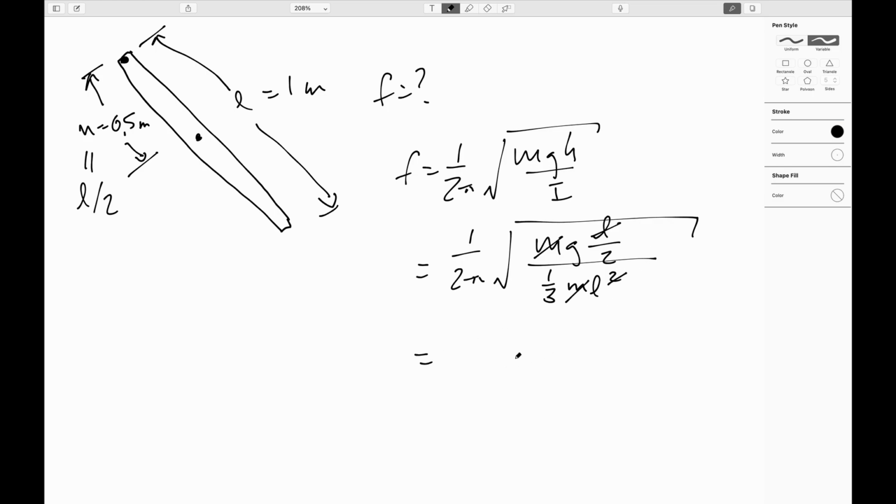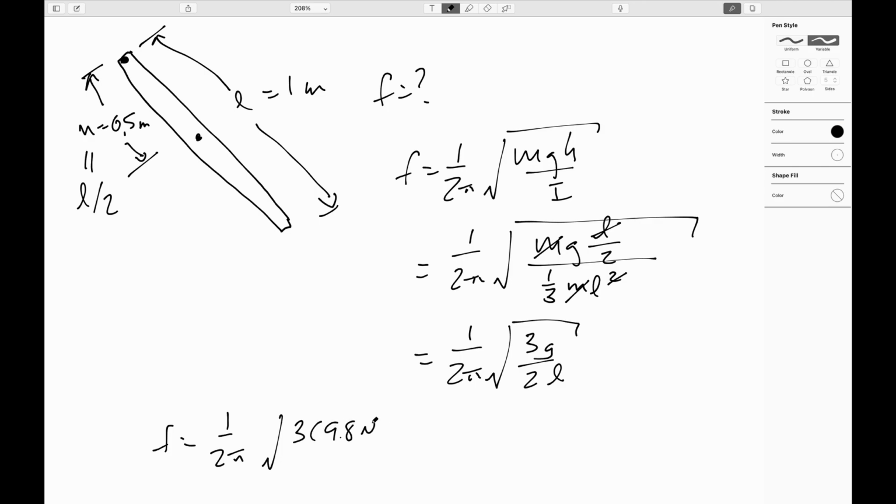And if we rationalize everything, what are we going to get here? We're going to move the 3 up to the numerator, 2 down to the denominator. So it's going to be 1 over 2 pi times the square root of 3g over 2L. Let's put that in. Our frequency will be 1 over 2 pi times the square root of 3 times 9.8 meters per second squared, over 2 times 1 meter.